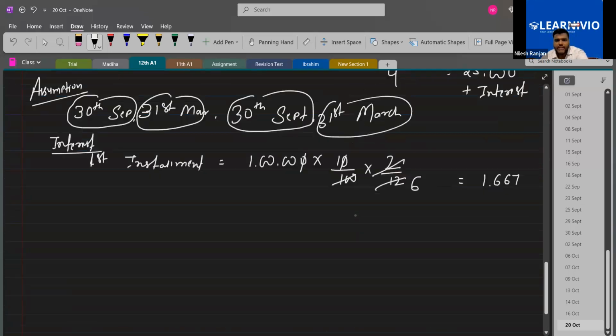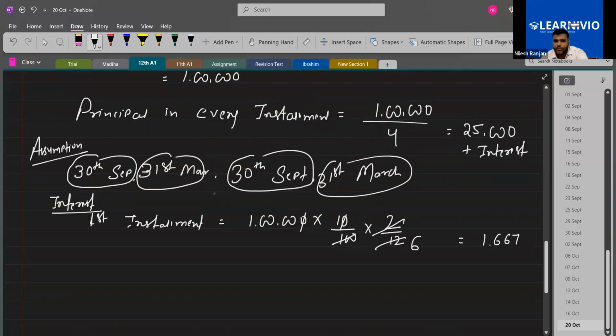So we can take these 4 dates also. But I'm not taking these dates. I'm taking 30th September, 31st March, 30th September, 31st March. Every 6 months of the year means the first 6 months I have taken from the starting of the year. The starting of the year is 1st April: April, May, June, July, August, September. So September is the first 6 months, then 31st March, then 30th September, then 31st March.